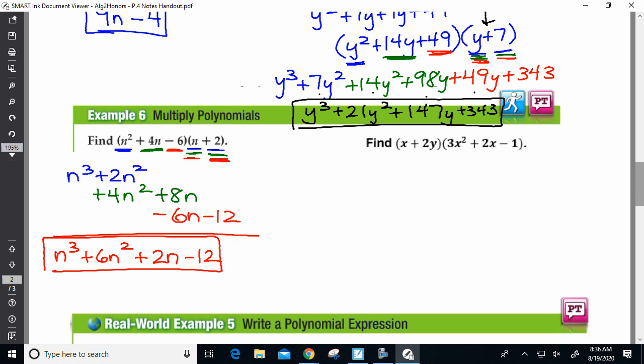That's fine, we can still work with it and do it the same way. x times 3x squared gives you 3x to the third power. x times 2x is 2x squared. x times negative 1 is negative x. So we've taken care of everything associated with the x.